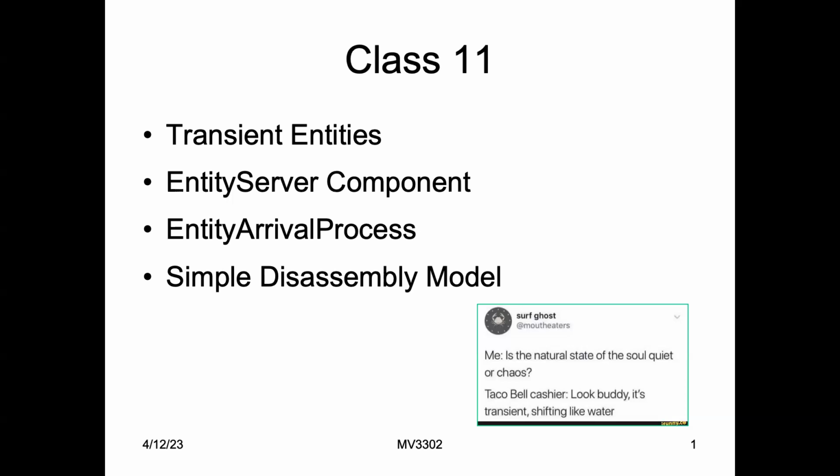In other words, we need the ID of each customer, and we also want their service time. Now, we could do that, but what would we have to do? We'd have to connect the ID and the time, and they would be in separate containers, and then we'd have to make sure we take them both out together, et cetera, et cetera.